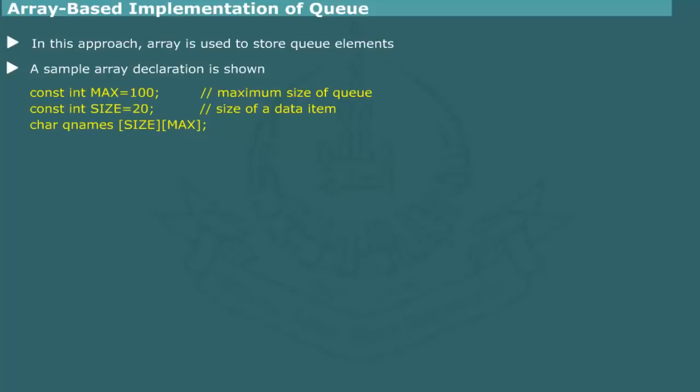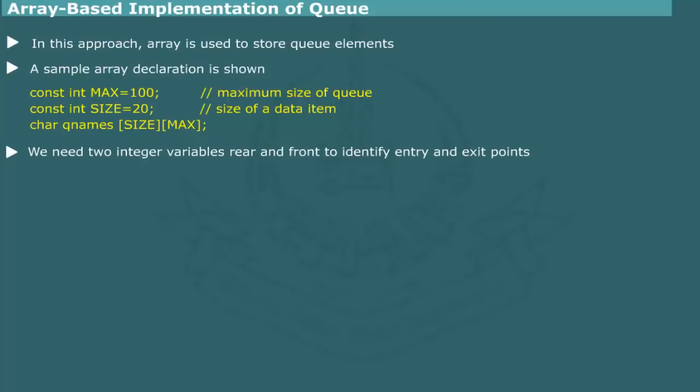Remember, in C, C++, the character strings are declared as a two-dimensional character array. Also, we need to declare two integer variables, front and rear, to indicate the position of an item to be added or removed from the array. The variables are initially set to -1. As data are added to the queue, front and rear are incremented by 1.